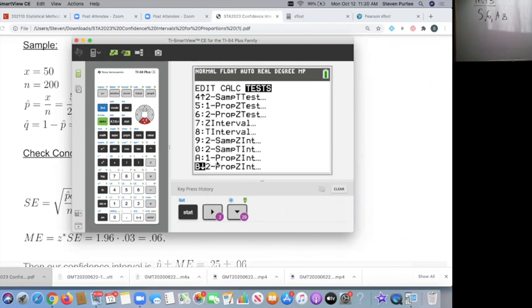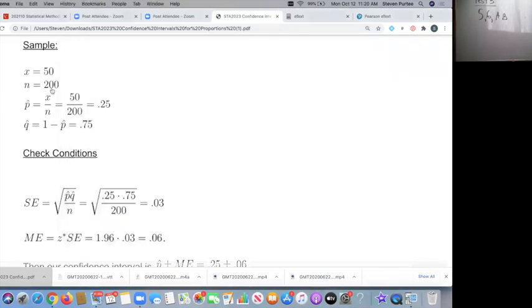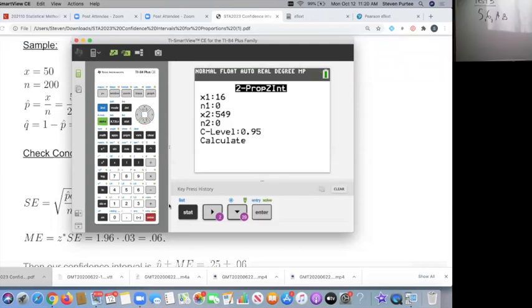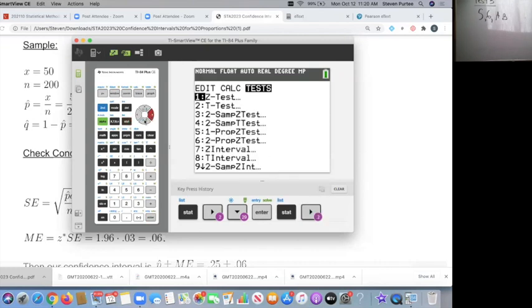Okay, did we have 1 sample or 2 samples? How many N's did I have? There's just 1 N. See, if I go into button B here, look, it's asking me for 2 different X's, 2 different N's. I don't have all that. So that's clearly not the right button.